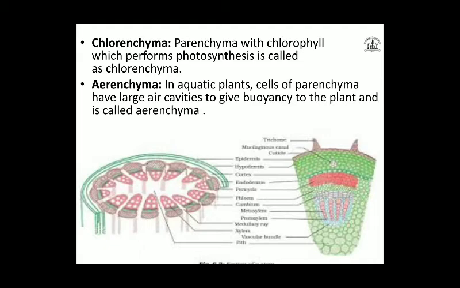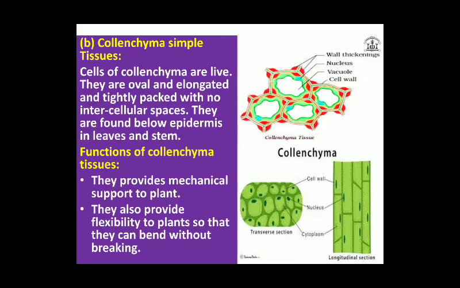Next we'll move on to the next simple tissue, that is collenchyma. These collenchyma tissues are also living tissue, and they have a similar structure to parenchyma tissues, but they are tightly packed. They are oval and elongated cells, but here they are tightly packed so that no intercellular spaces are present.